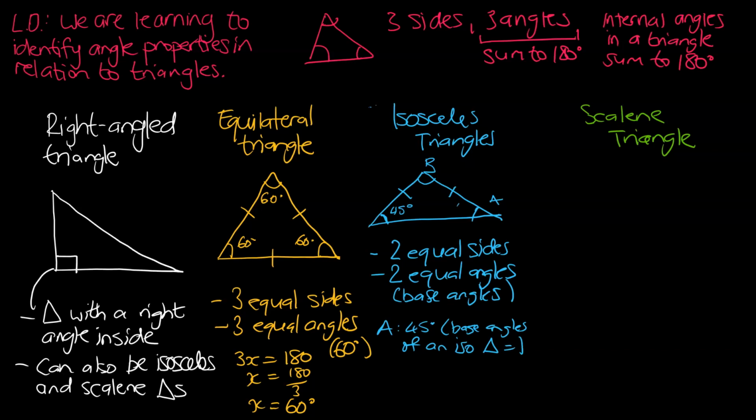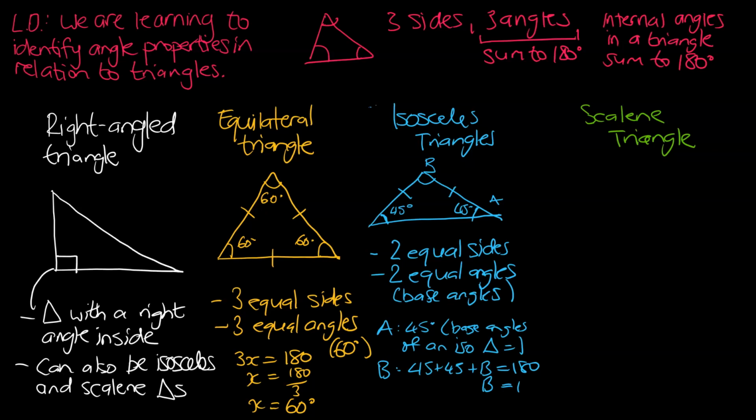So that means we could put 45 in here, and then we could figure out what angle B is up the top. So angle B: that means 45 plus 45 plus B. Well, we know all three of those should add up to 180. Those two add up to 90.